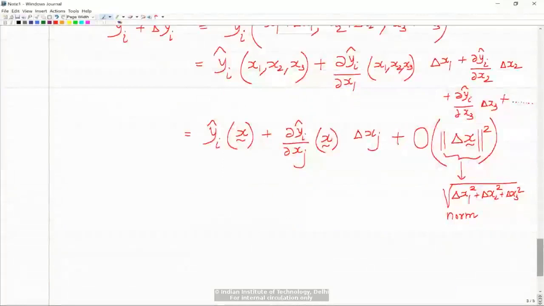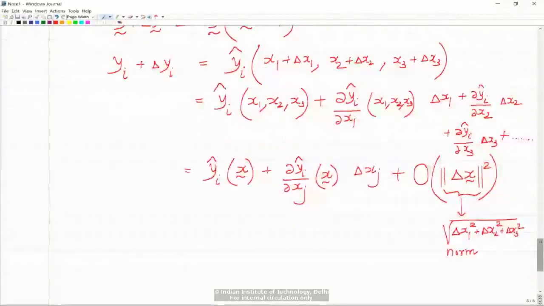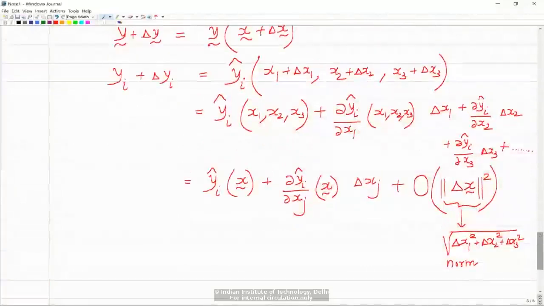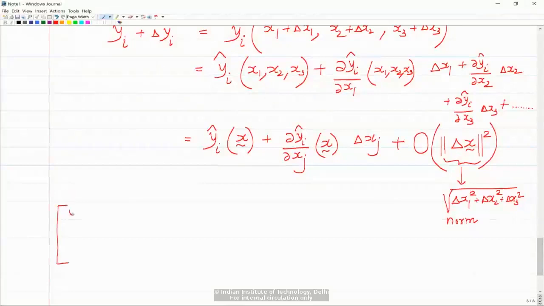Okay, now something more. So this is right now in component form. Can we switch back to vector form or say tensor form? So this is for each of the components, right? So if I write all the three components together, this is y1 plus delta y1, y2 plus delta y2, y3 plus delta y3.